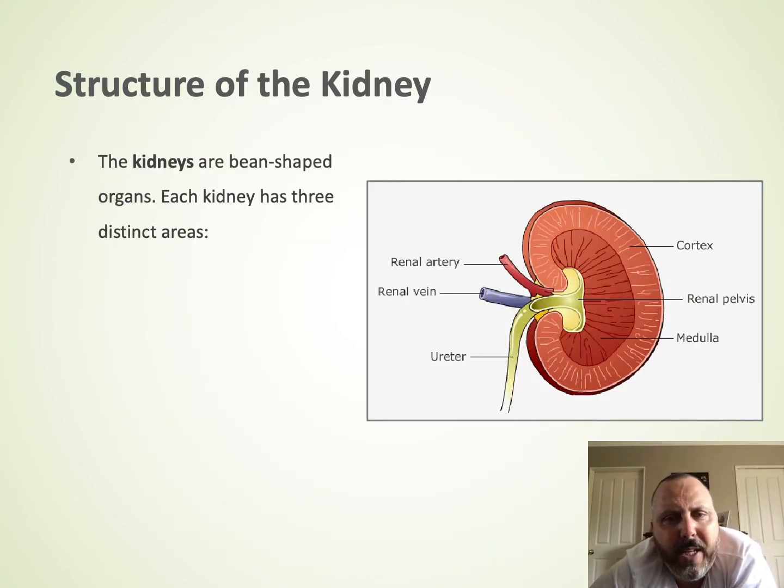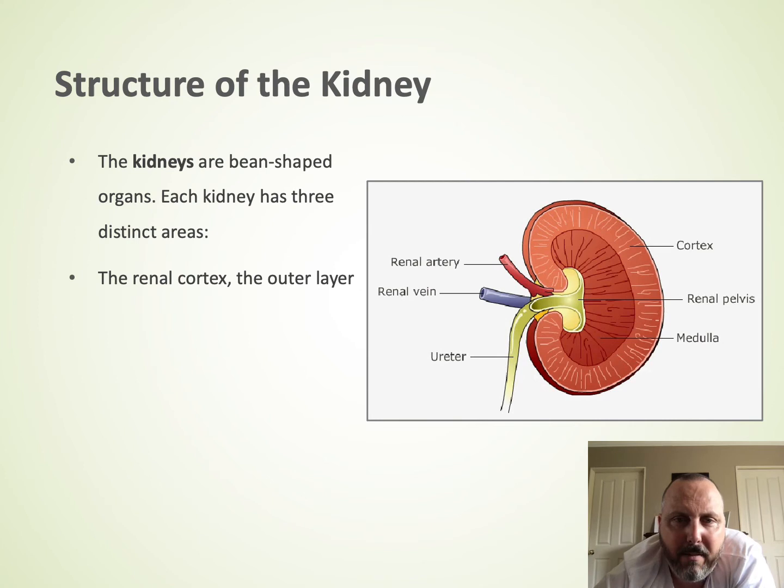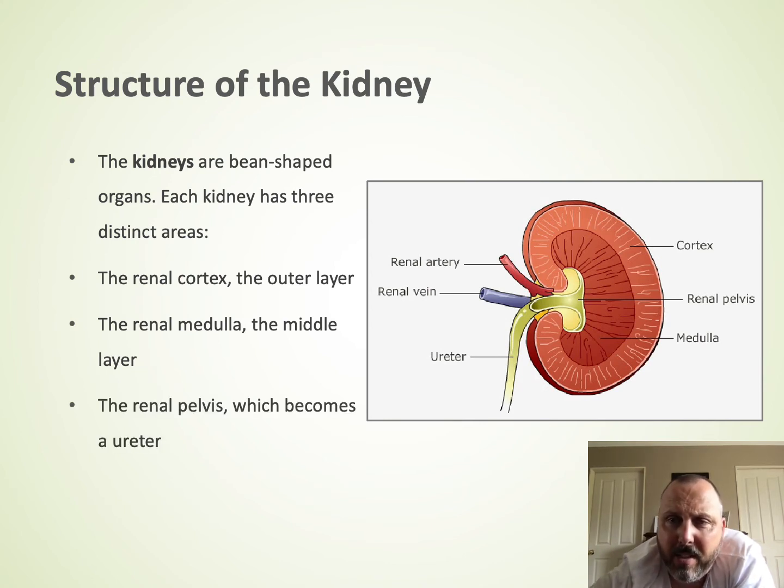Okay, a little bit more detail about the structure. The kidneys are bean-shaped organs. They have 3 distinct areas. The first one being the renal cortex, which is the outer layer. The second one being the medulla, or the middle layer. And the third one we need to think about is the renal pelvis, which is the yellow part in here on this diagram.